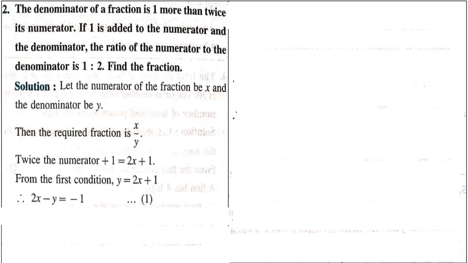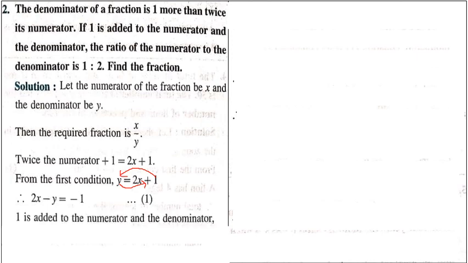So what have we done? We have taken y on the side where we have 2x and we have shifted the terms to the other side. So plus y becomes minus y, plus 1 becomes minus 1. And this is equation number 1.